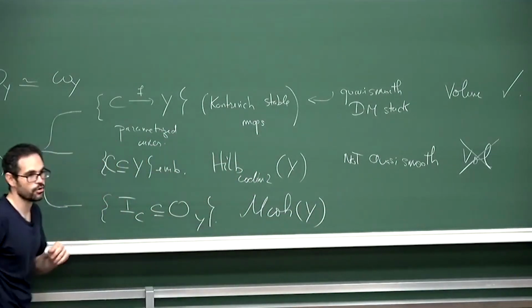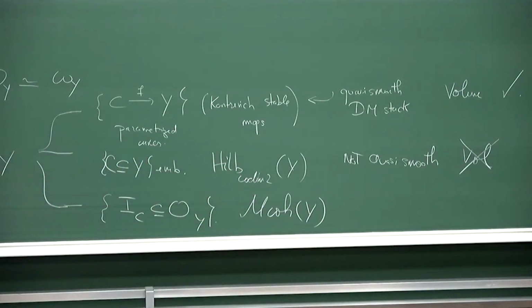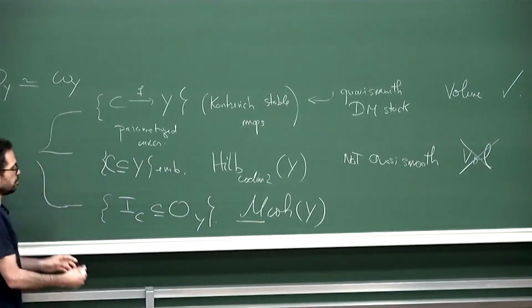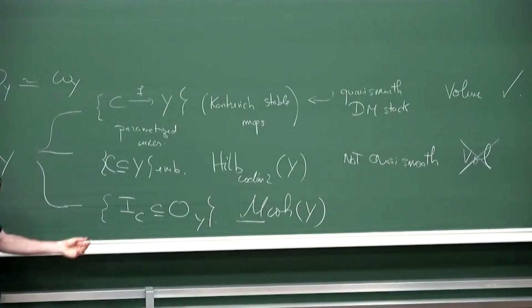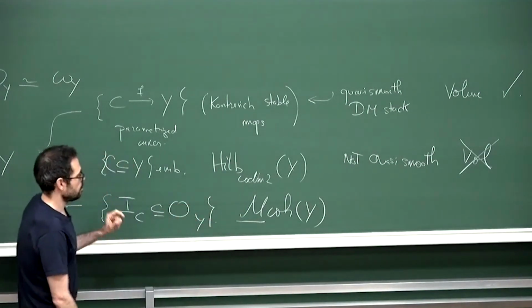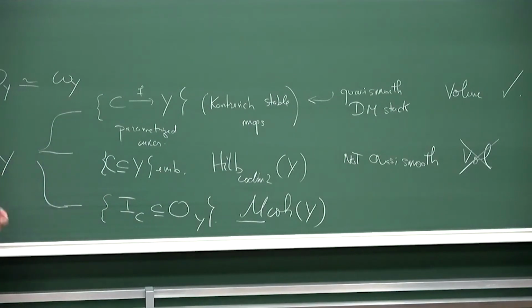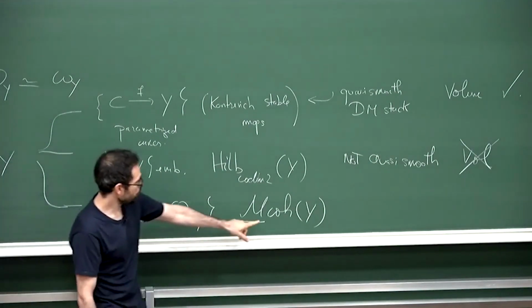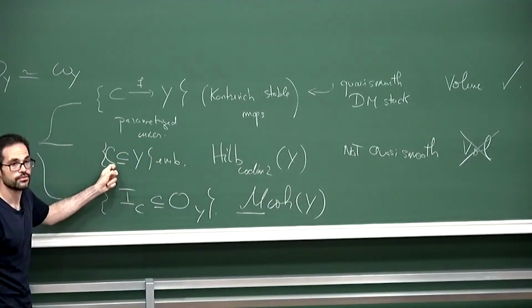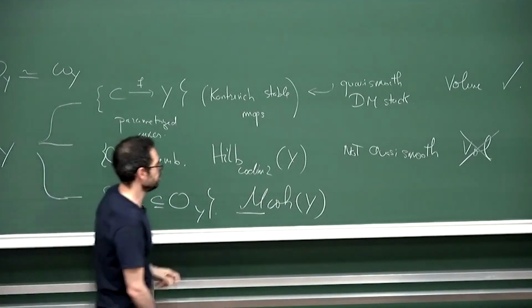I would have to tell you exactly what kind of coherent sheaves I want to look at. But in any case, this is the idea. On certain kinds of coherent sheaves corresponding to ideal sheaves, we have a bijection on the coarse moduli spaces. The difference is that the deformation theory of a coherent sheaf is not the same as the deformation theory of the embedded curve.